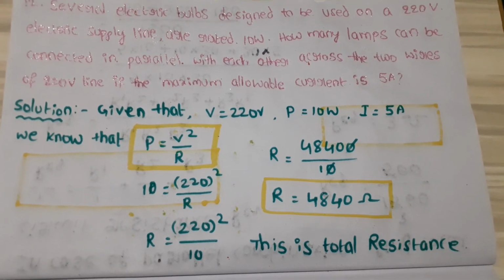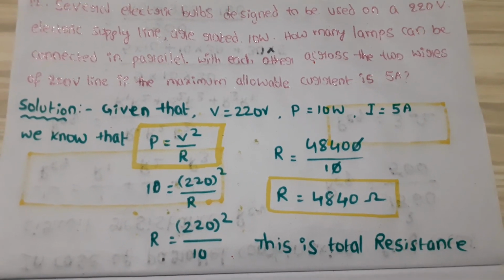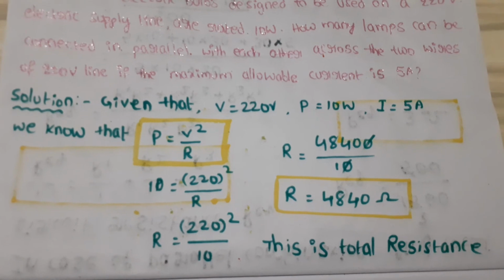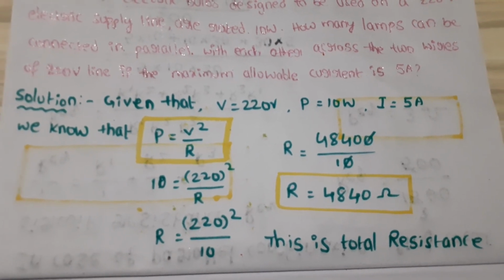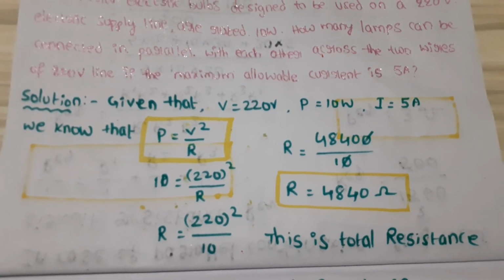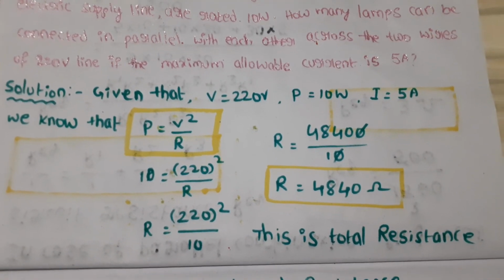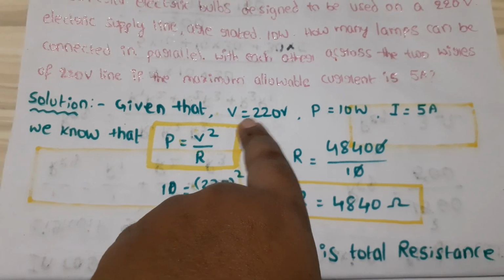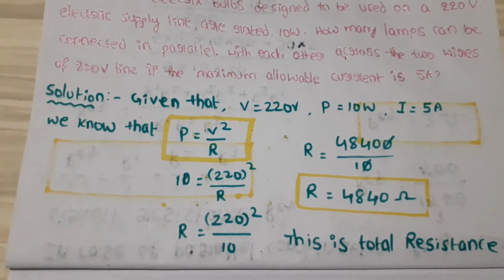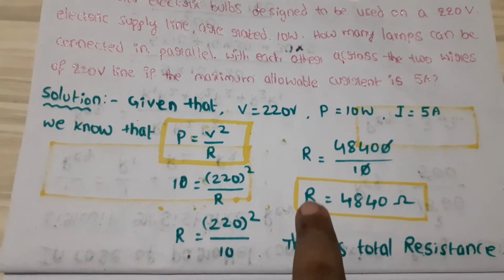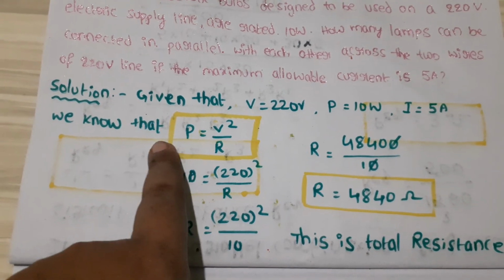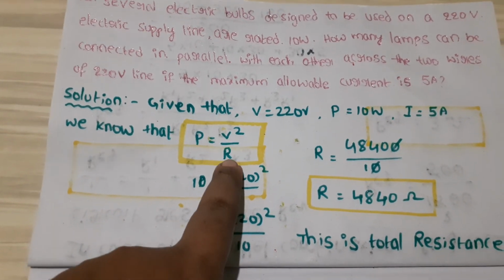Maximum allowable current is 5 ampere. Given potential difference 220 volts, power 10 watt, current 5 ampere. Using potential difference and power values, I am going to find the resistance value by using the formula P equal to V square by R.